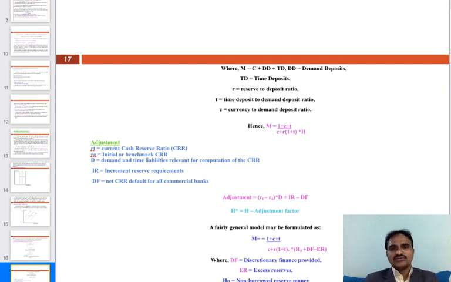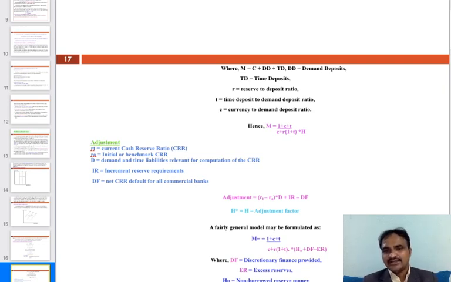So sometimes there is an adjustment of the money supply. How? There are different factors to discuss. One is RT, the current cash reserve ratio. R0 is the initial or benchmark CRR, D is demand and time liabilities relevant to the components of the CRR, IR is incremental reserve requirements, and DF is net CRR default from all commercial banks.